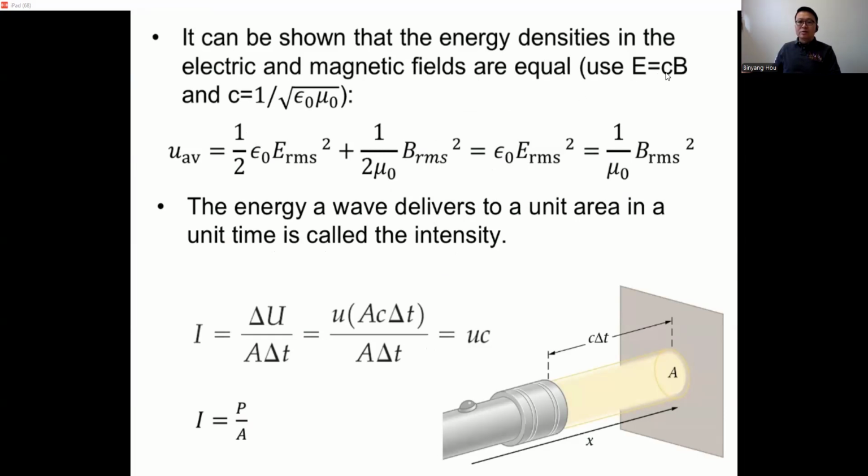Because E equals C times B, we can write B as E over C. So this combination becomes either epsilon naught E RMS squared or 1 over mu naught B RMS squared.